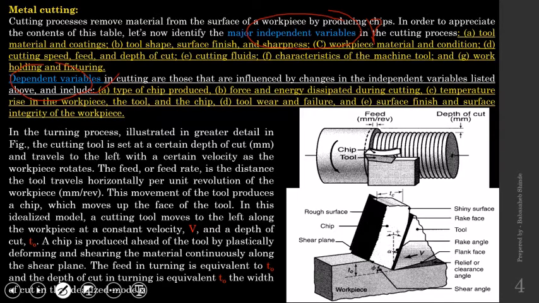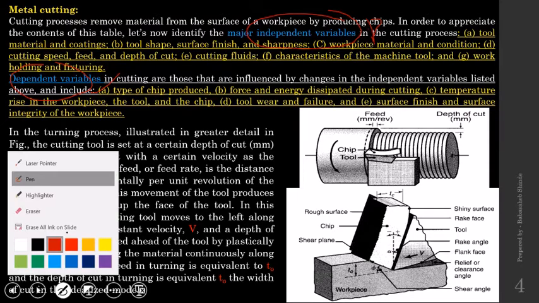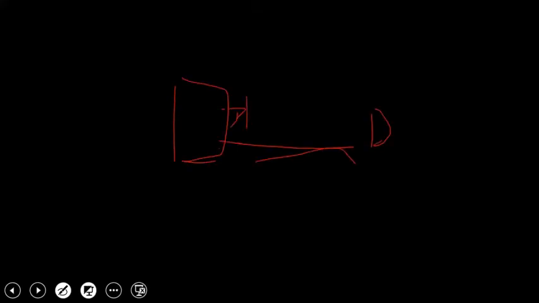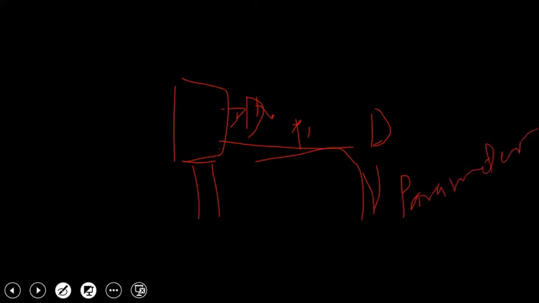So what is meant by independent variables? Independent variables are basically the things that you are going to control. Suppose you are using a lathe machine for the conversion of raw material into a useful product. What are the parameters that you can control?